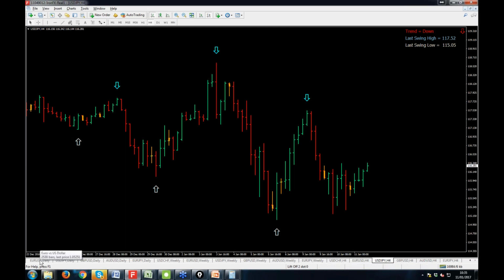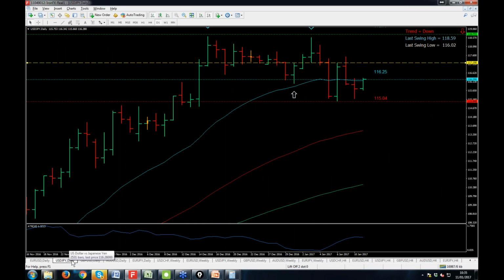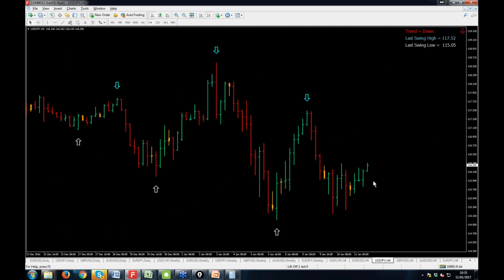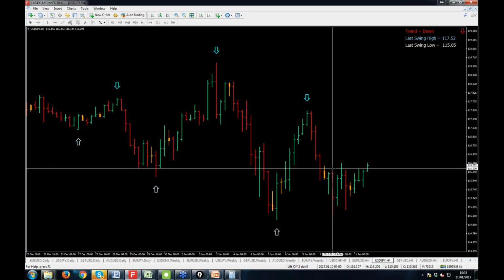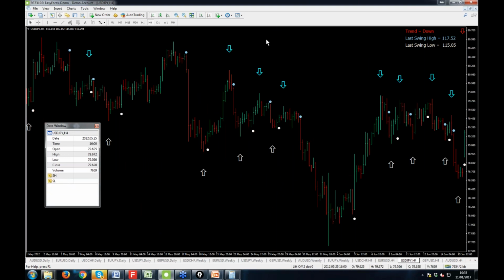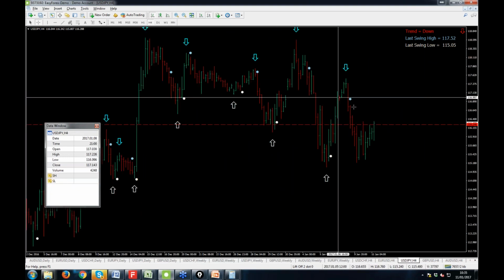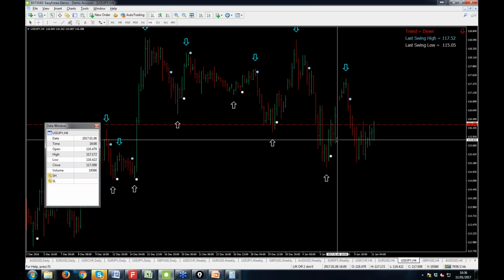So what we did is we looked at the dollar Japanese yen on the 4-hour chart. We looked at the dollar yen on the 4-hour chart just there, and we said 116.25.